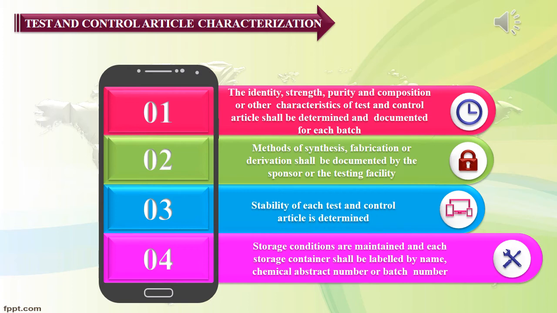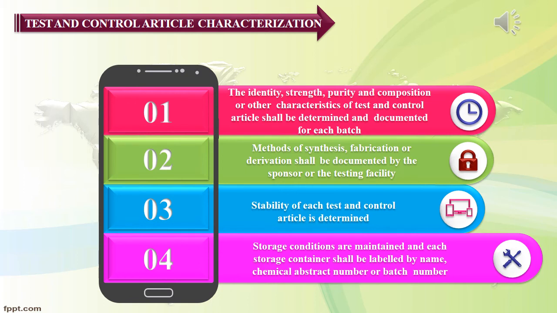Second one, methods of synthesis, fabrication or derivation shall be documented by the sponsor or the testing facility. Third one, stability of each test and control article is determined.